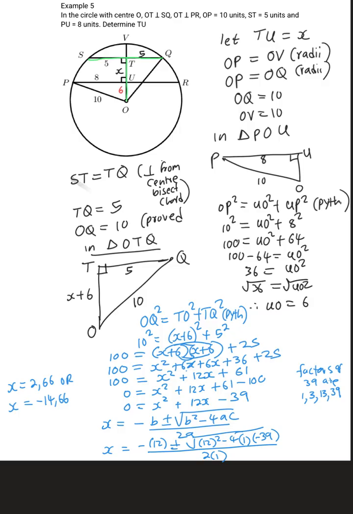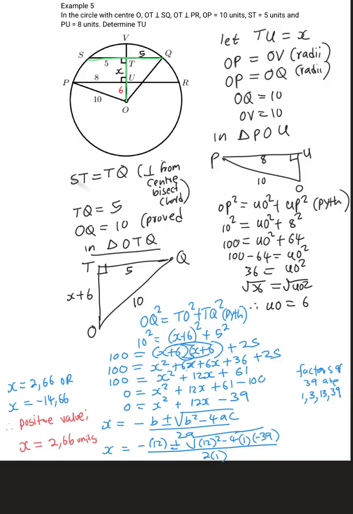And then because we are dealing with length and distance here, means the correct value is the positive value, right? So the positive value is the correct value, therefore x is equals to 2.66 units.